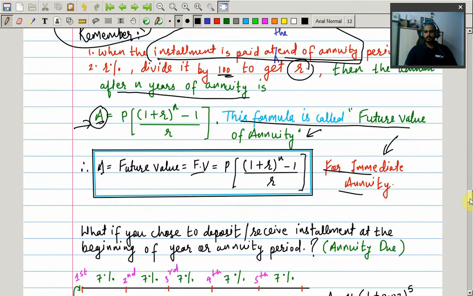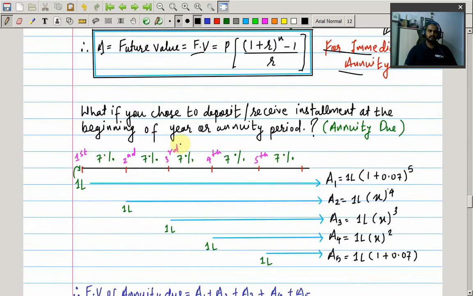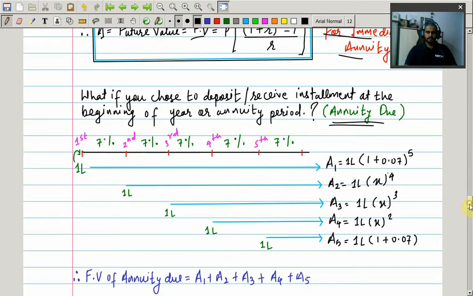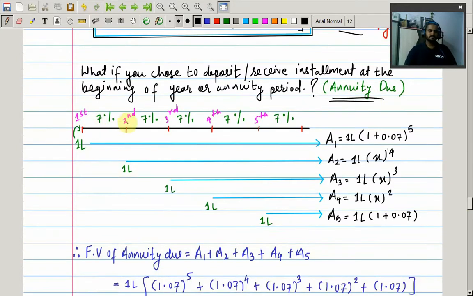What if you chose to deposit or receive the installment at the beginning of the year or annuity period? That's definitely an annuity due question. Let's see what happens. This is the timeline of 5 years.